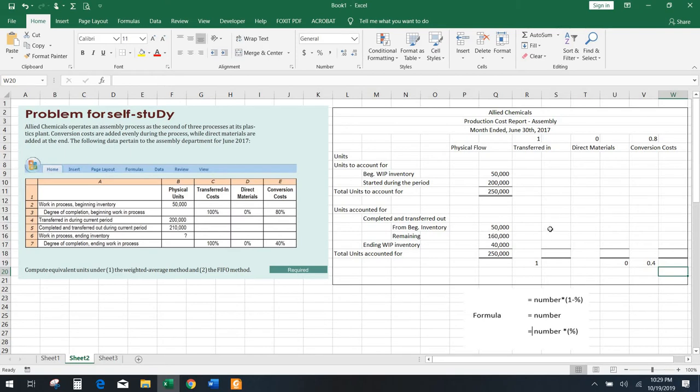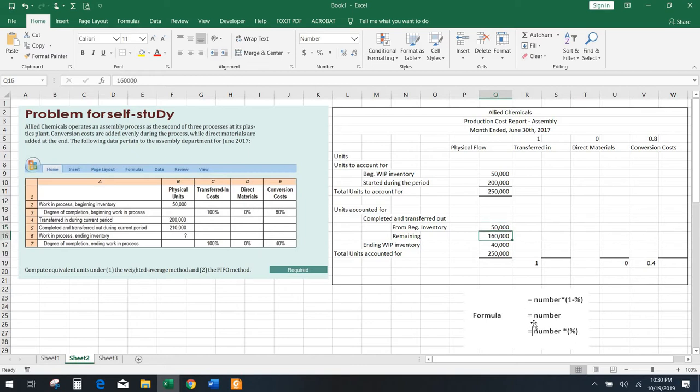Now, in order to complete this, I use this little formula. So for the beginning inventory, which is this top number, we use this formula. The number, which is 50,000, multiplied times 1 minus the percentage up here. So we use the top percentage.